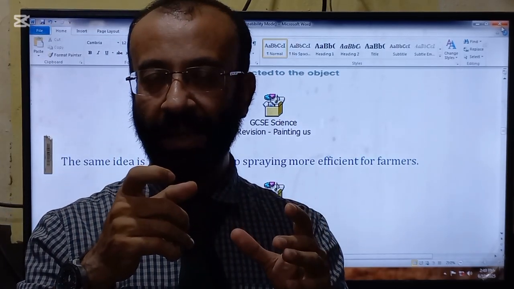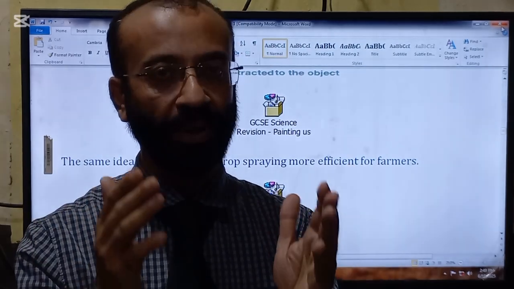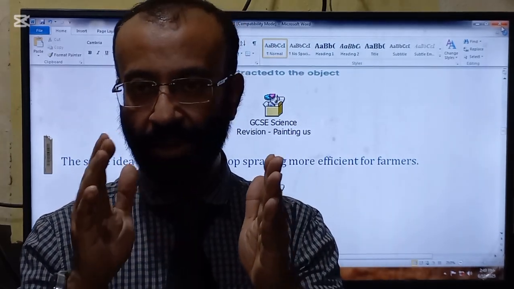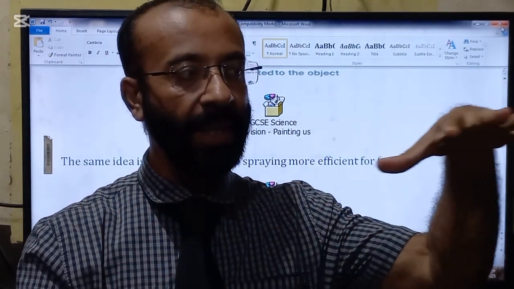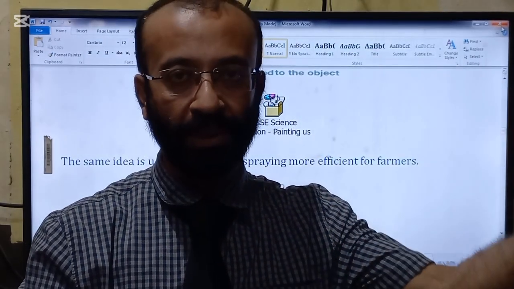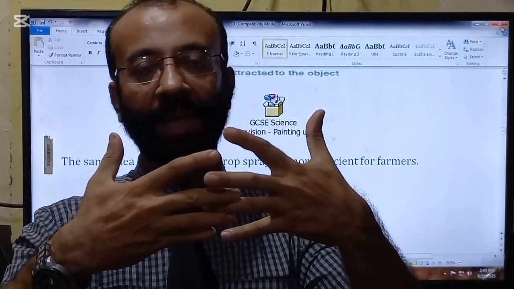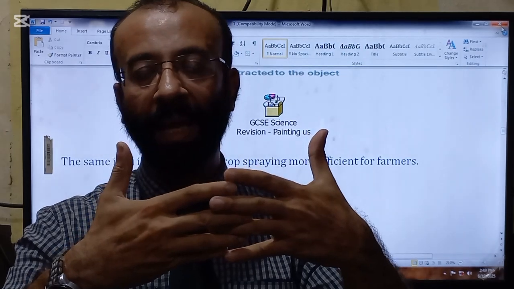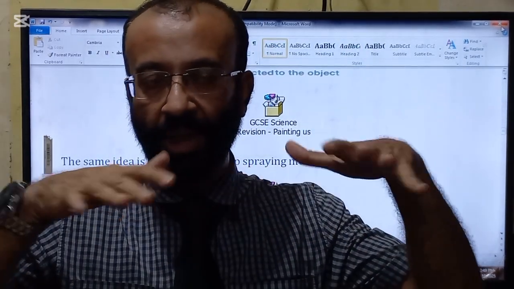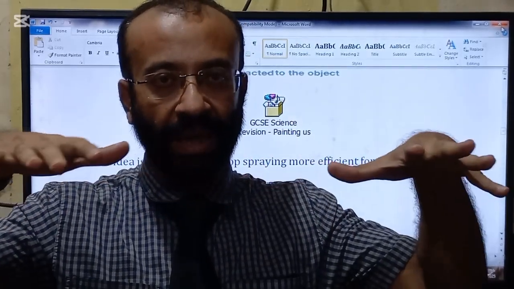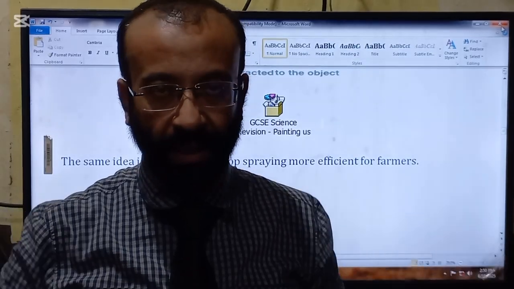So the nozzle of the sprayer is charged positively, so the droplets of the spray get positively charged, and the crop is oppositely charged, so the spray and the crop are attracted to each other. And because the droplets of the spray are positively charged, they repel each other, and this creates a uniform layer of the spray on the whole of the crops.